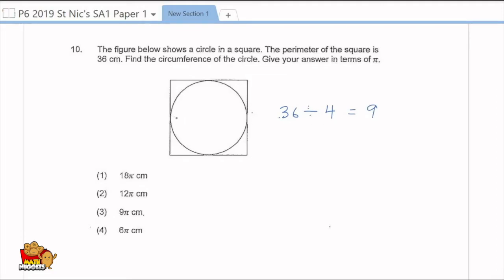So one side of the square would be the diameter of the circle. So in order to find the circumference of the circle, it's pi times diameter, which is pi times 9, which will give you 9 pi. Number 3.